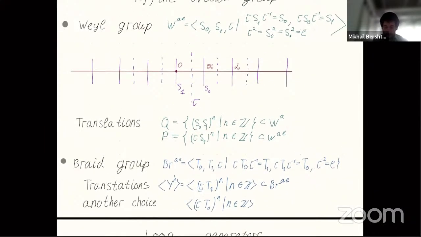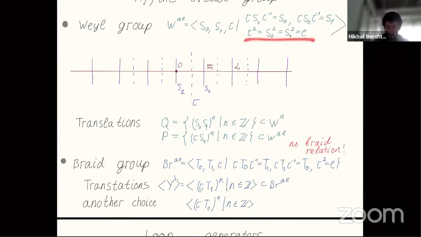But in this case we don't have braid relations. Maybe I should write it. No braid relation. We don't have braid relation here.